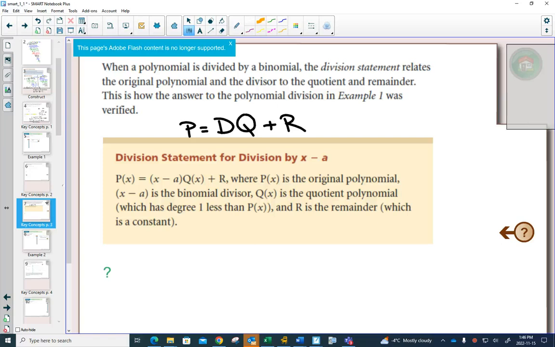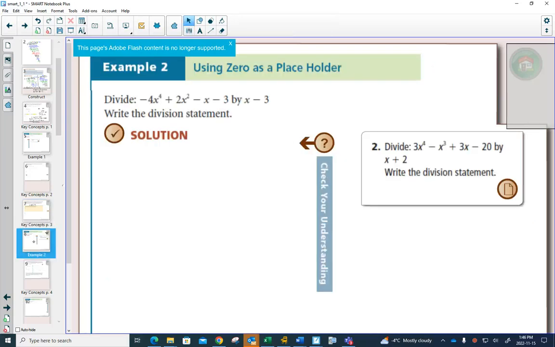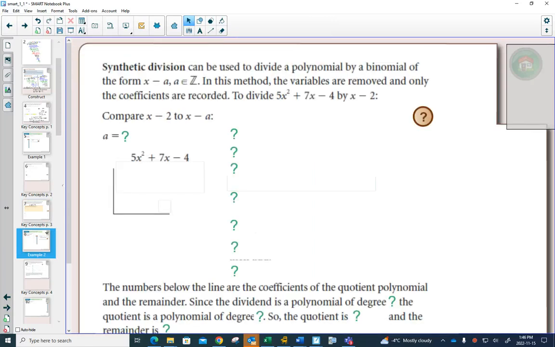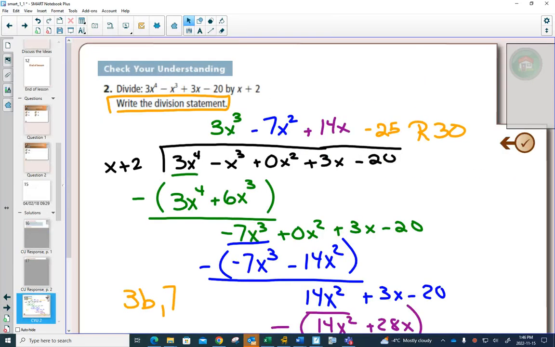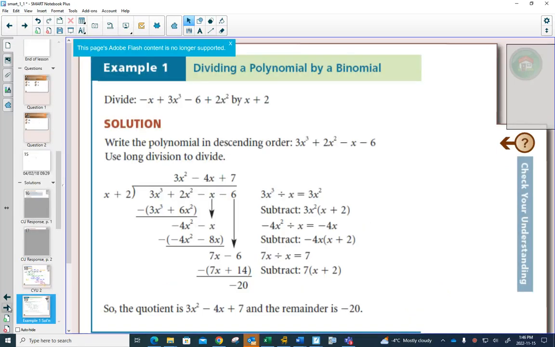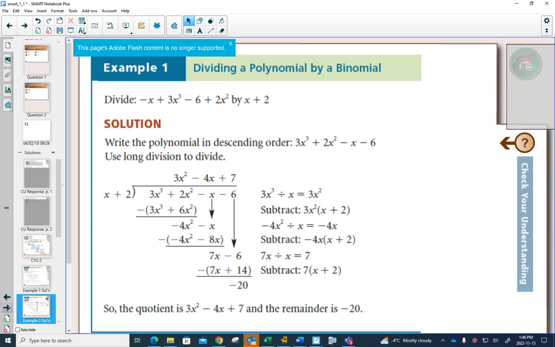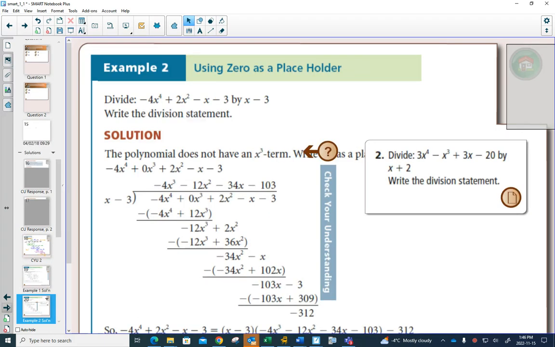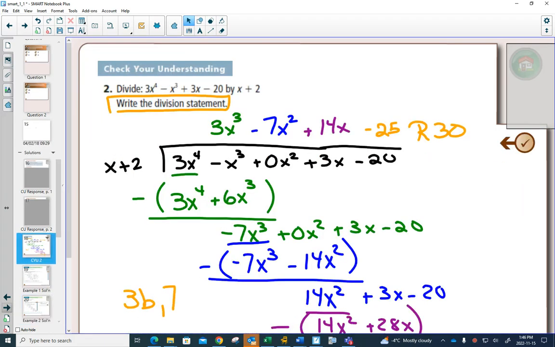So what does that mean for the question that we just did? We can say that, and this is what I'll often do in these questions because I'm a little bit lazy.